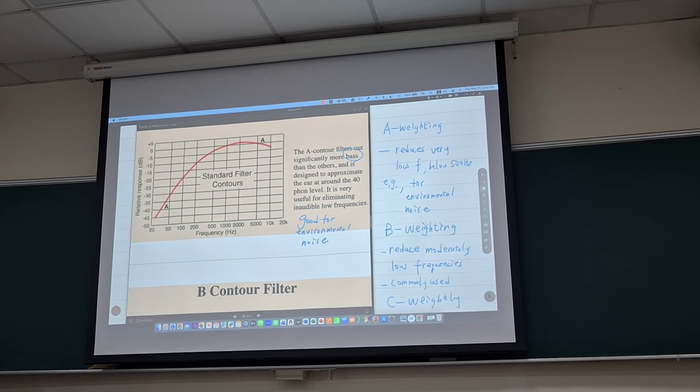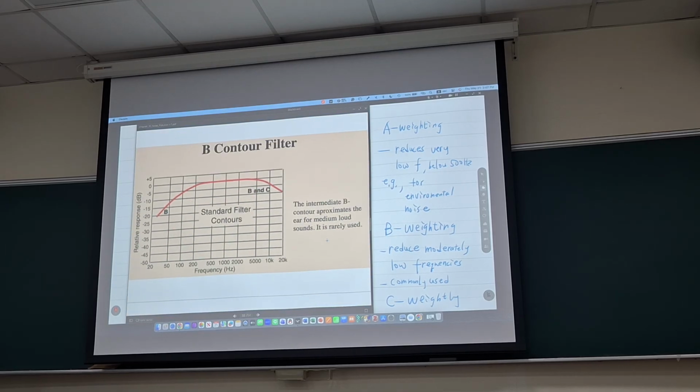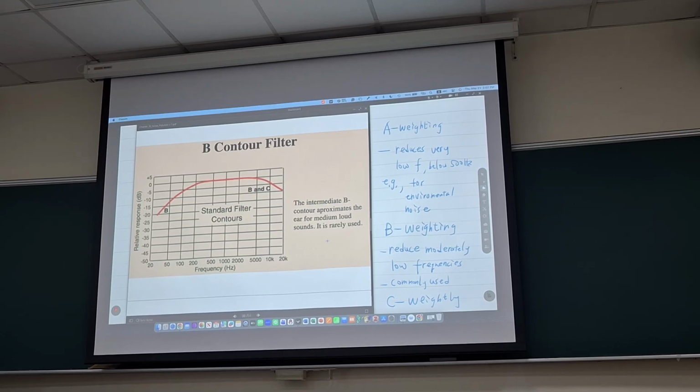So the B filter is something between A and C, right?